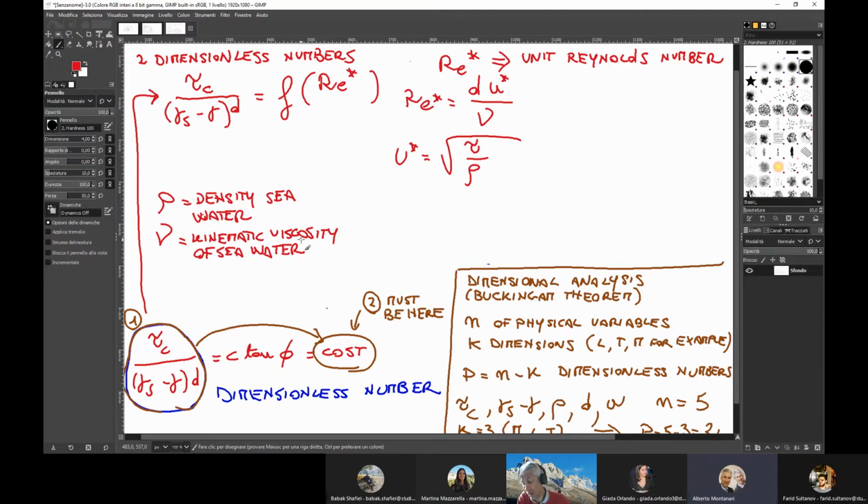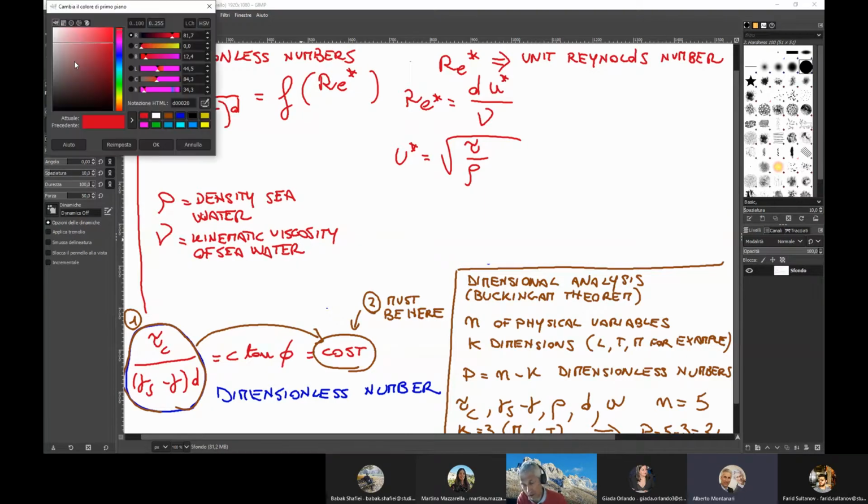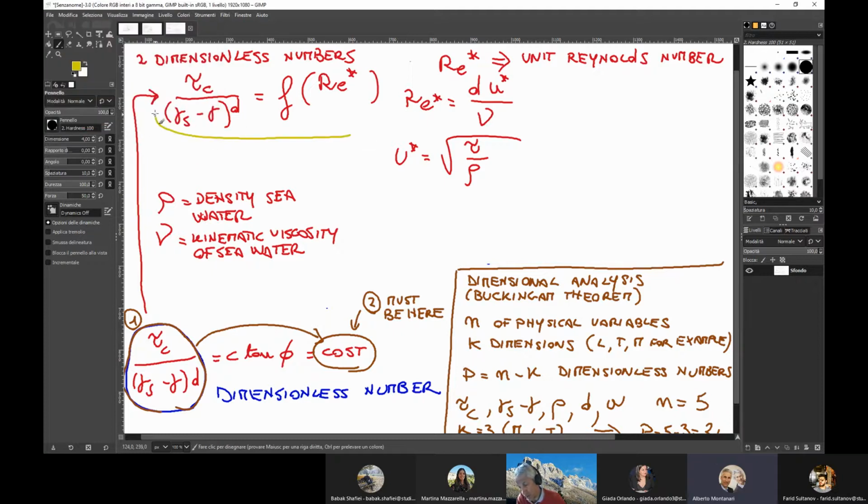Okay, so your question now is, what should I remember to prepare my exam? You should remember this. Let me change the color. You should remember this relationship here and how we derived it. So how we derived, in particular, this one here. This is something that you have to remember. And then you have to remember that it's not a constant.